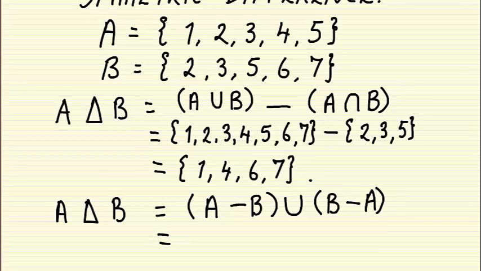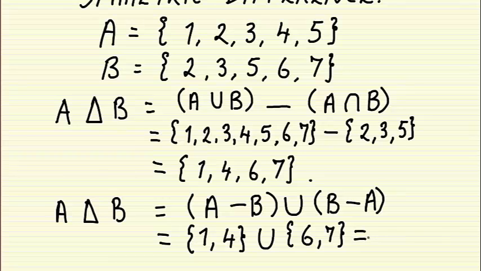So A less B. Okay, so remember, look at the elements of A and remove any that are also in B. So this results in the set 1 and 4. Union. And now let's have a look at the difference B difference A. So this time we're looking at the set B and removing any elements that are in the set A. So in this case, the result will be 6 and 7.